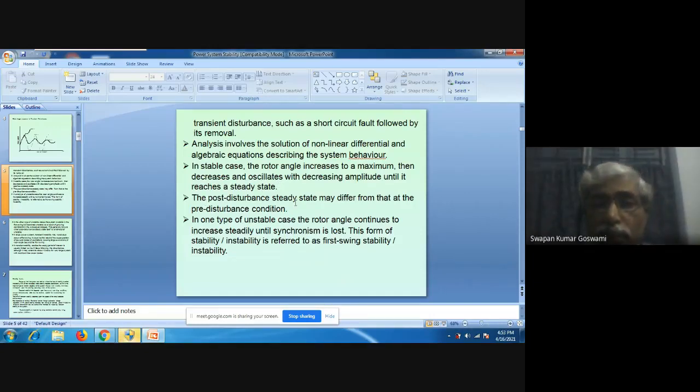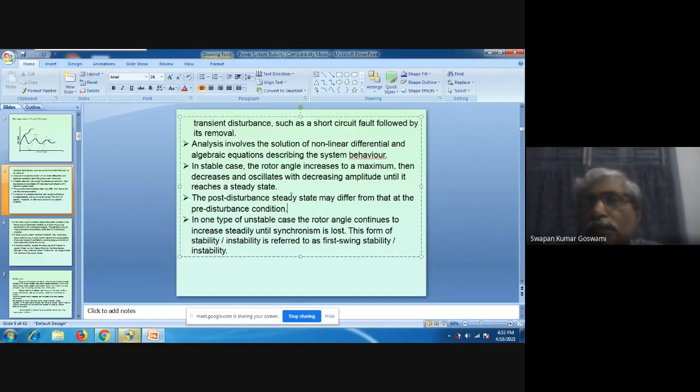The post-disturbance steady state may differ from that at the pre-disturbance condition. What is the meaning? Post-disturbance steady state means a fault has occurred, and because of the fault, say the system became stable. A disturbance was there, there was a change in the rotor speed, but finally the rotor speed has achieved synchronous speed again. Okay, there are some oscillations, and a new steady state is arrived at. There is no guarantee that the new steady state and the steady state before the disturbance will be the same.